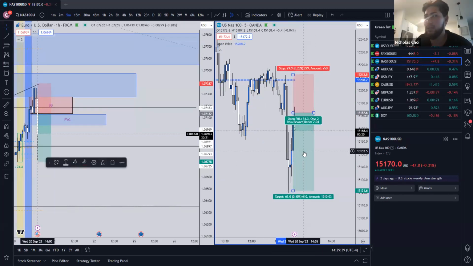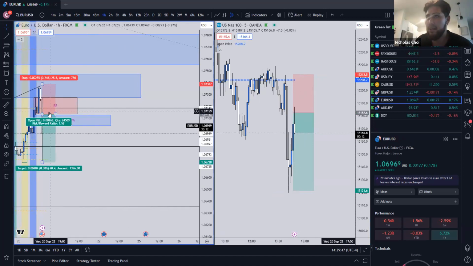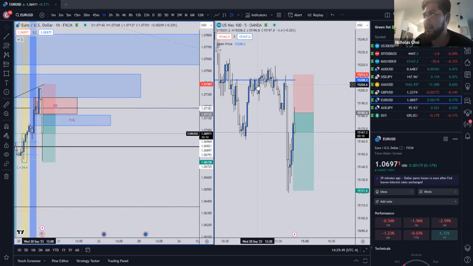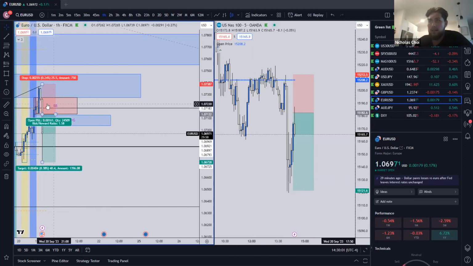All right, so I'm gonna go split screen here. This is what we just talked about, getting in on NAS, and then this, and then we're waiting for the Euro limit order to hit right here. So you're doing a limit, or where did you put it at? Right here.